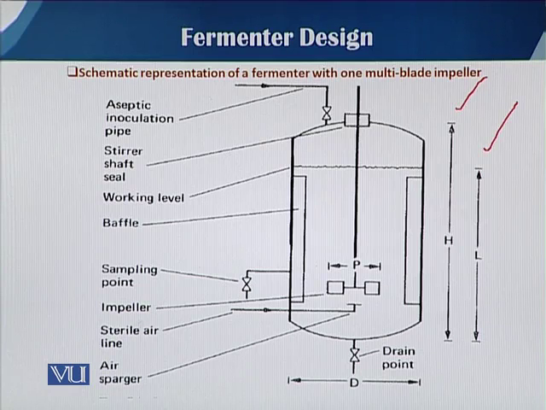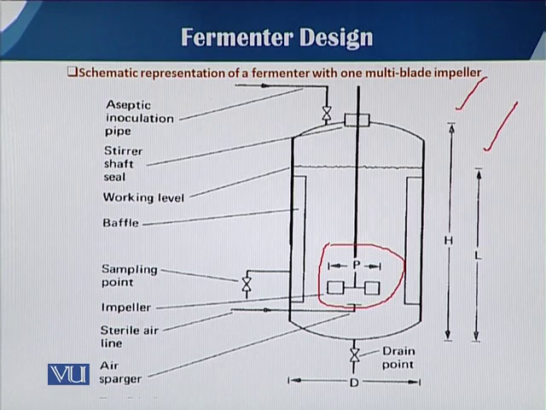Just one more point, P is the width of the impeller. You can see here a schematic representation of a fermenter with one impeller having multiple blades. Sometimes there is one impeller having 3 blades, 4 blades, or 6 blades.